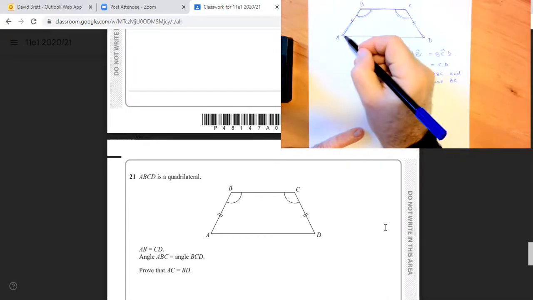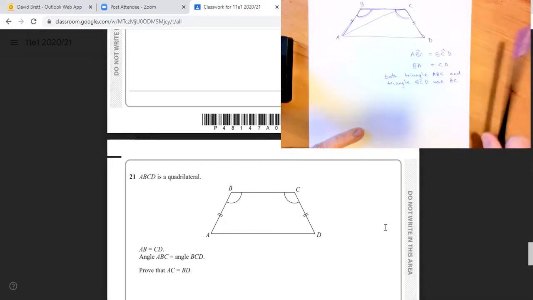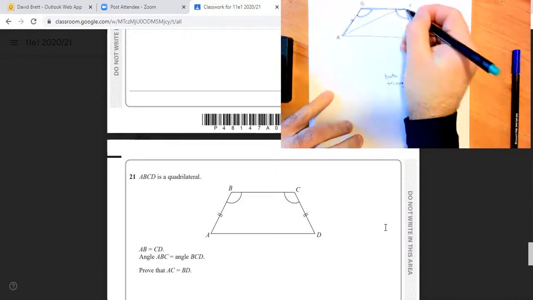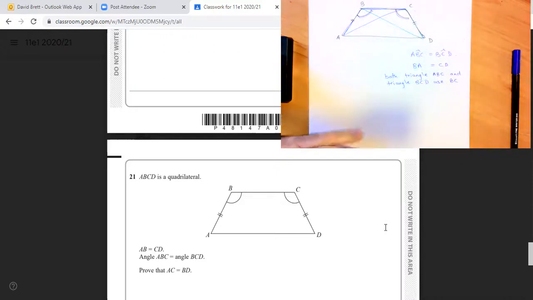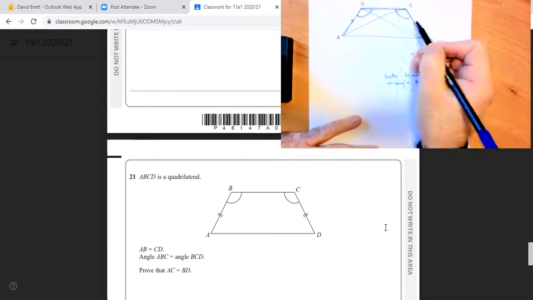So in triangle ABC and in triangle BCD, we have two sides and an angle that are the same.